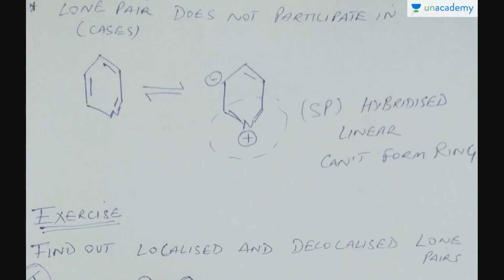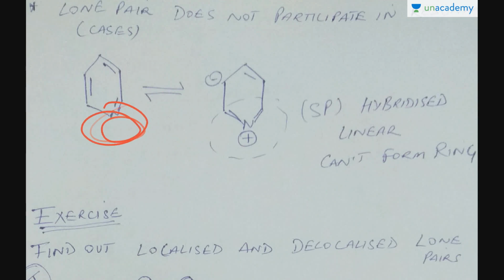Now I want to discuss some of the cases in which a lone pair is not participating in the resonance. So here there is a ring which is more likely a benzene ring, but here is a nitrogen at its end.